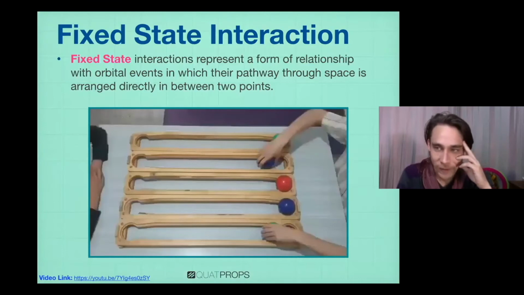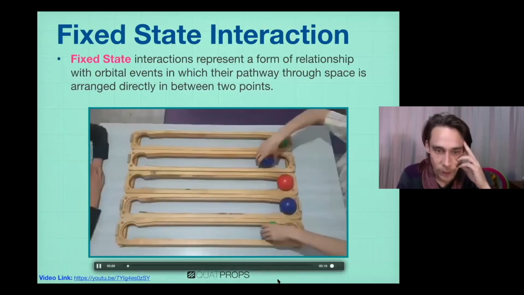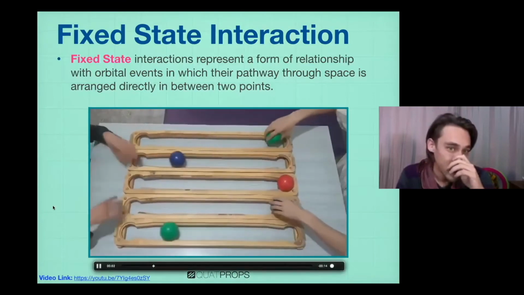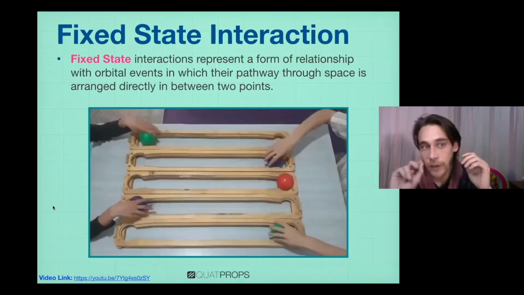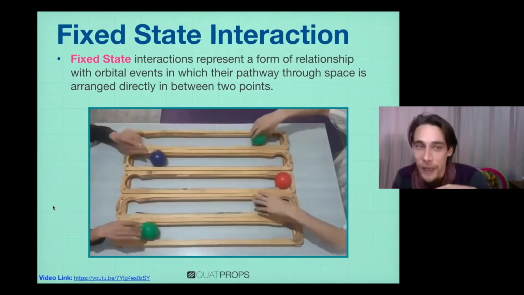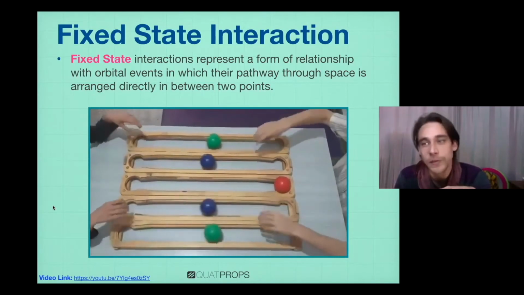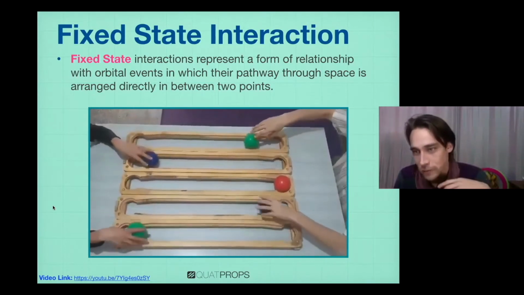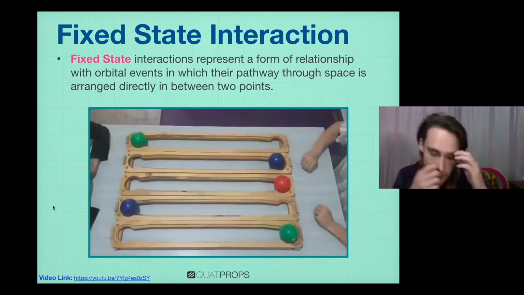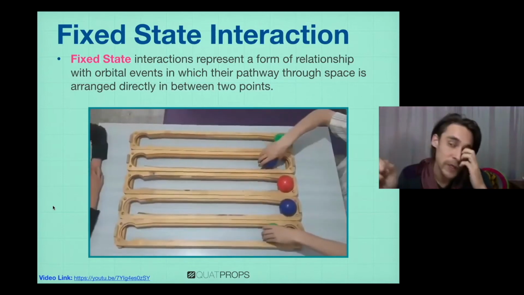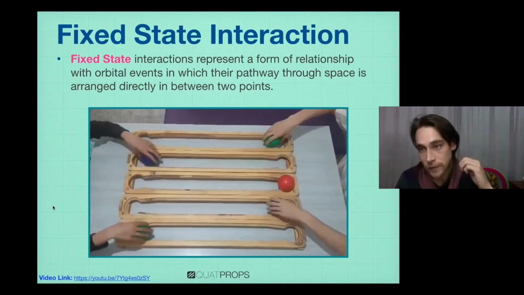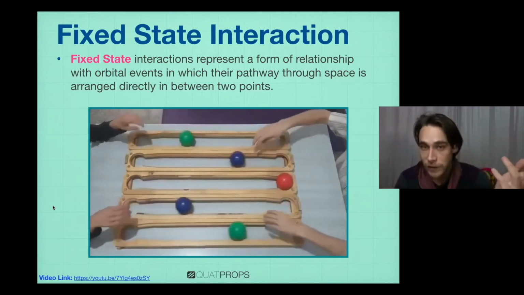So to start with, we have fixed state, and it's really basic. Fixed state interactions represent a form of relationship with orbital events in which their pathway through space is arranged directly in between 2 points. So this is more of what we would call an oscillation, but it's also an orbit, right? It's this idea that if you have an object that moves back and forth between 2 points, that creates an orbital event for us to interact with.